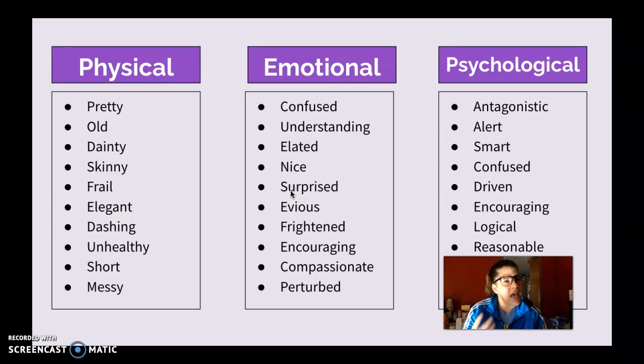Again, how is that character handling situations? For most texts, with those story elements of a problem and a solution, how is a character handling the problem? Psychologically, what's going on in their mind? And to build that solution, how are they assessing the situation, and what are they using to solve it?